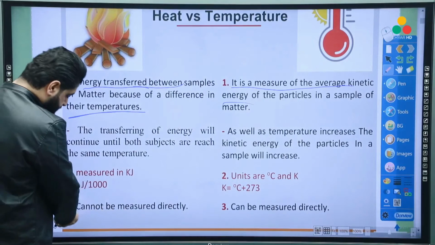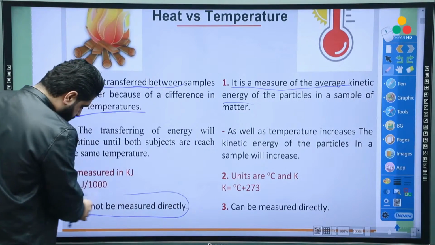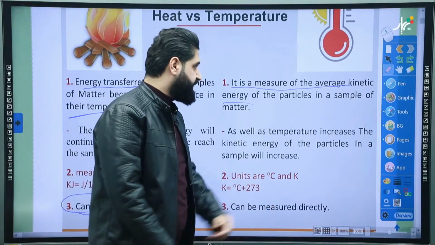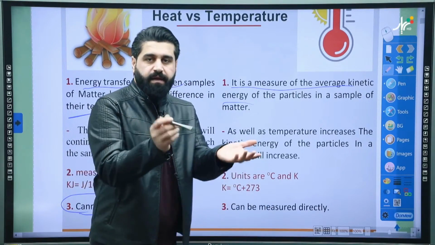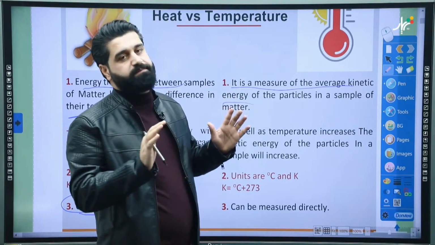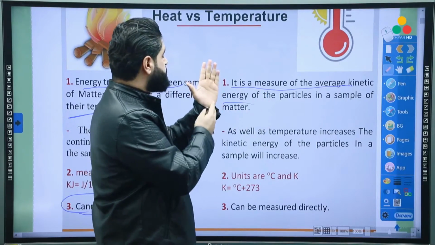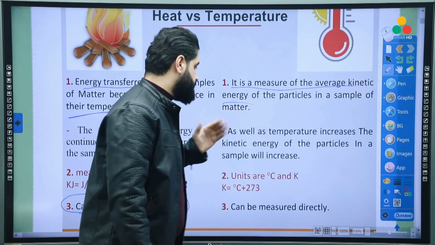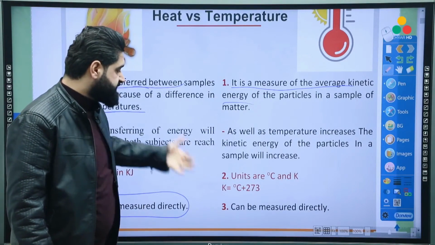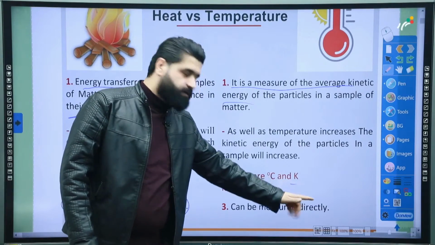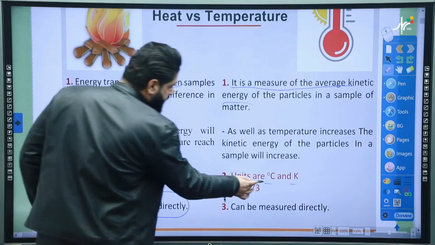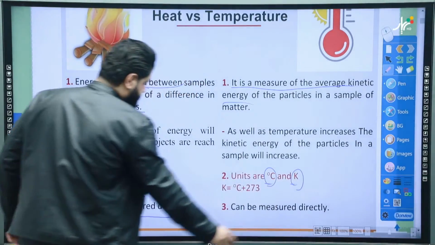Heat can be measured indirectly, but temperature can be measured directly. If you want to measure the temperature anywhere, just put your thermometer in that specified place. Immediately you're going to get a degree in Celsius or Kelvin. So the unit of measurement of temperature is Celsius or Kelvin. We have others, but the most commonly used units are degree Celsius and Kelvin.